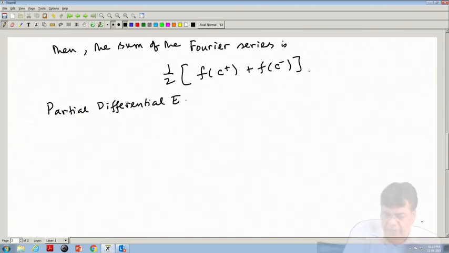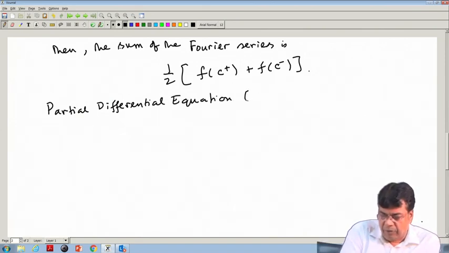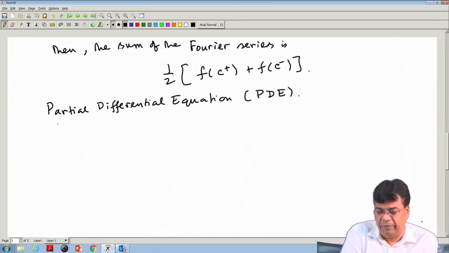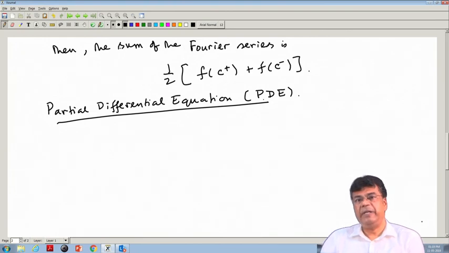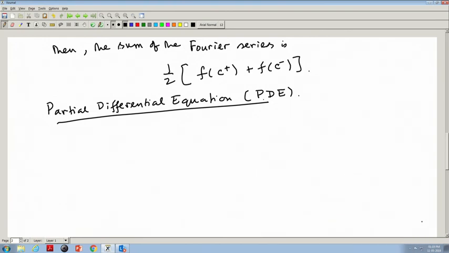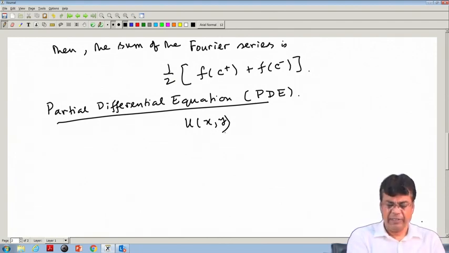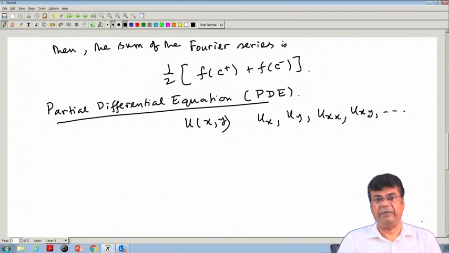Obviously, I am not here to talk about all the characteristics of partial differential equations, just their classification, how we classify them. A partial differential equation arises when you have a function u of more than one independent variable, so you have ux, uy, uxx, uxy, etc. These are called partial derivatives, instead of the ordinary differential equation.